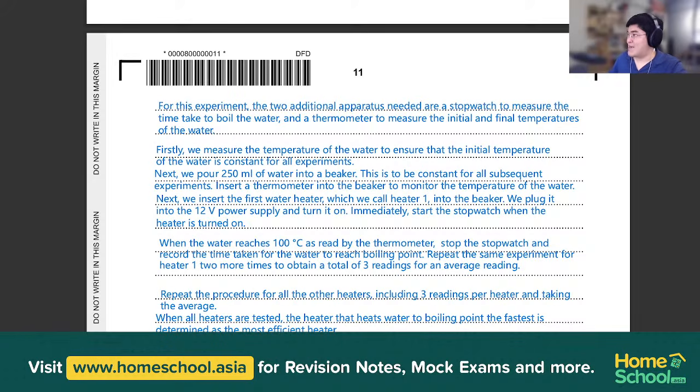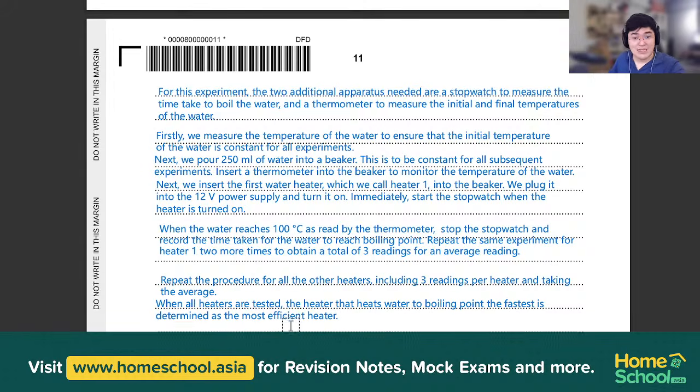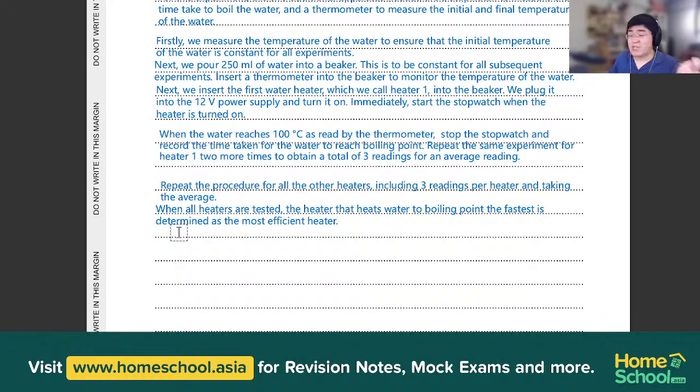Then, using a suitable table with column headings, we will do that later. And last but not least, we are to explain how we use the results to reach a conclusion. So as we have said before, the heater that heats the water to boiling point the fastest is the most efficient heater.